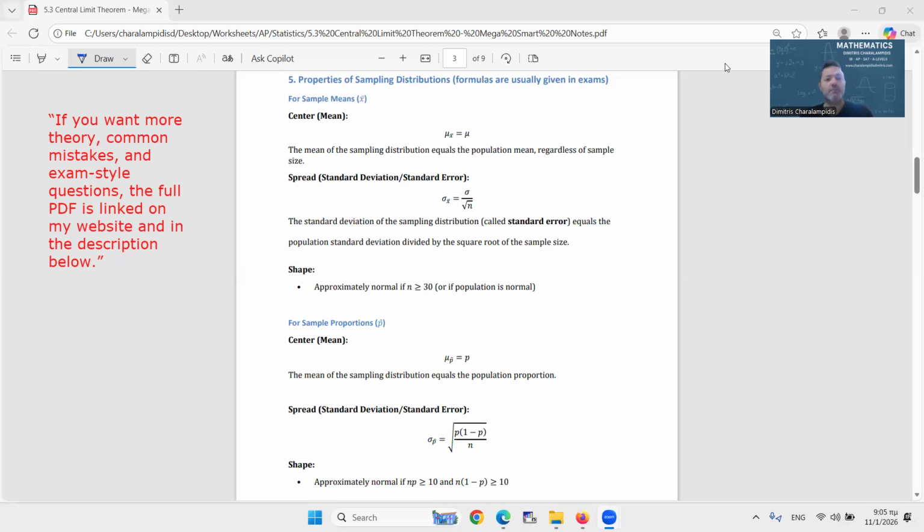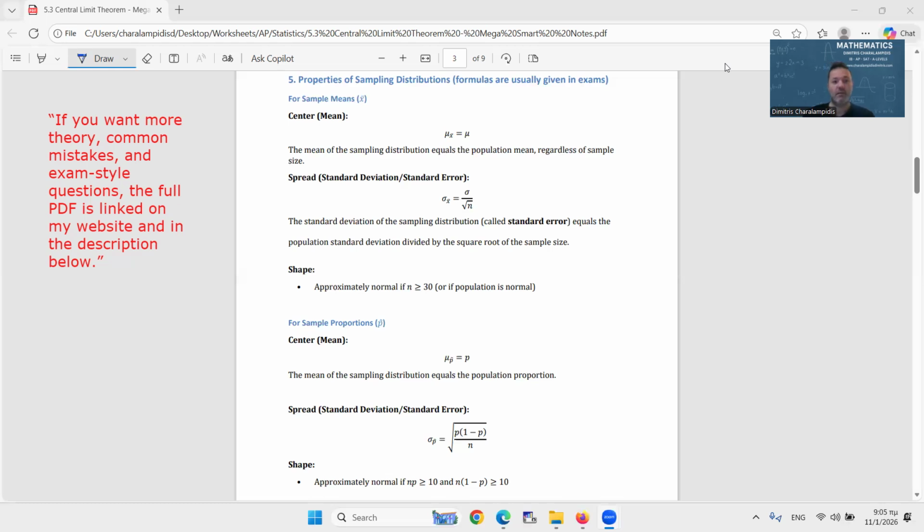With regards to the spread, otherwise standard deviation, the standard deviation of the sampling distribution of the sample mean is called standard error. So from now on, when we refer to standard error, we have to understand that it's exactly that. It's the standard deviation of the sampling distribution of means.